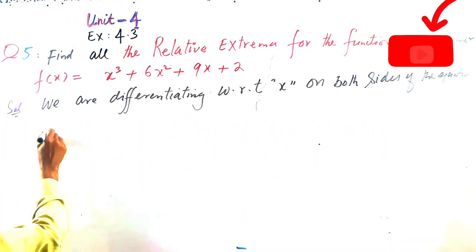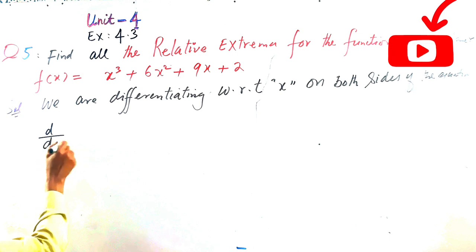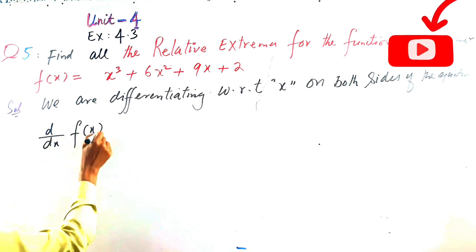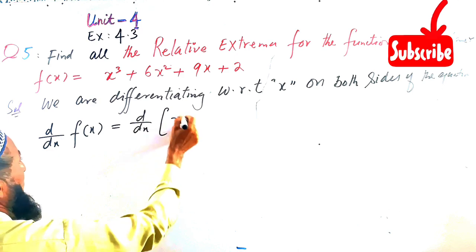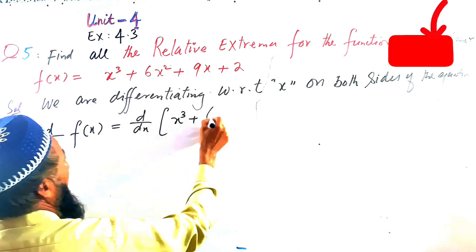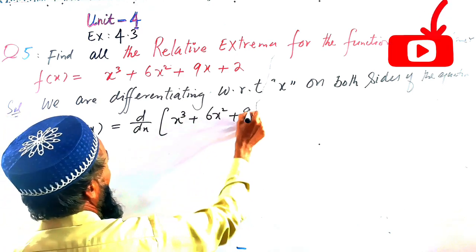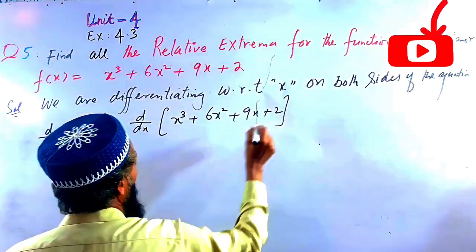So dy by dx, f of x, dy by dx, x cube plus 6x square plus 9x plus 2.